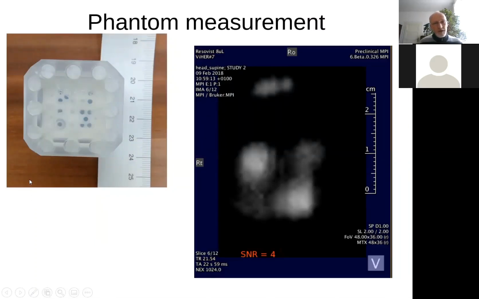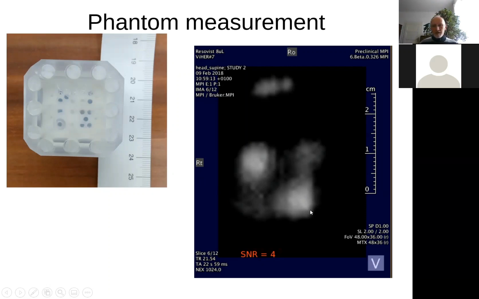Here, so far, we haven't performed any in vivo experiments. So here is an image of a phantom. These holes filled with a tracer are 1 millimeter apart, and you can see that we were not able to reach 1 millimeter resolution.